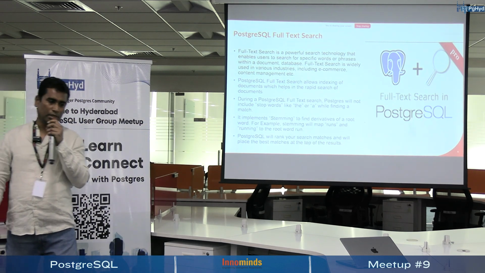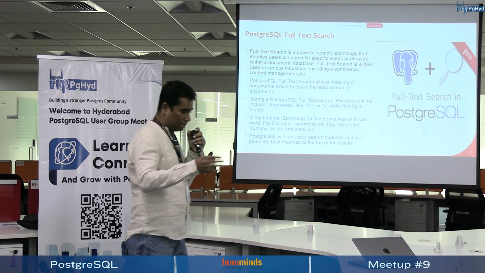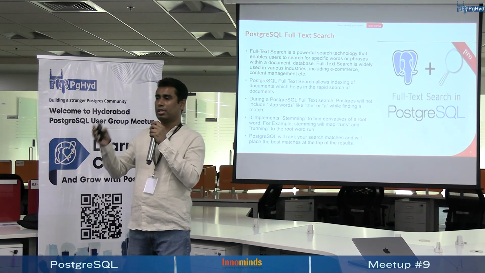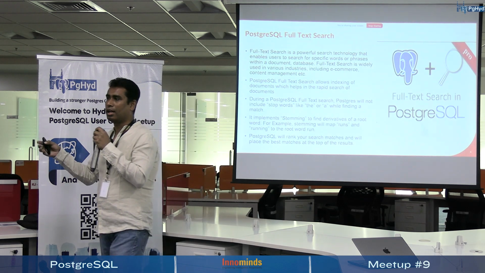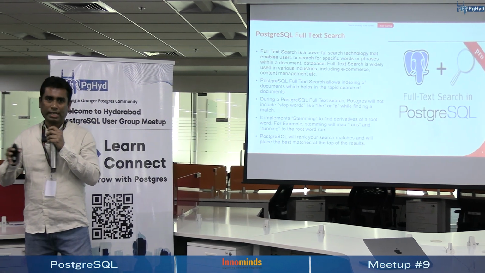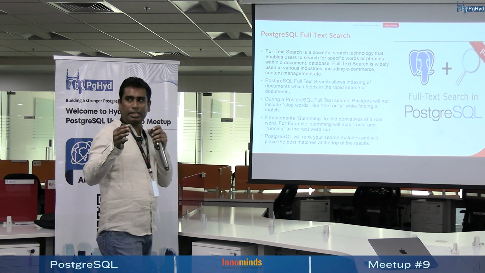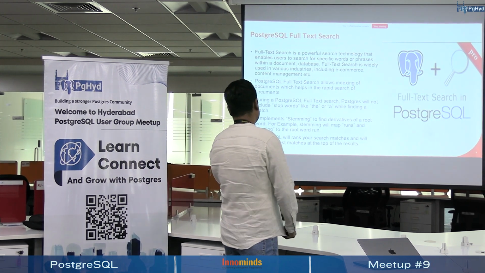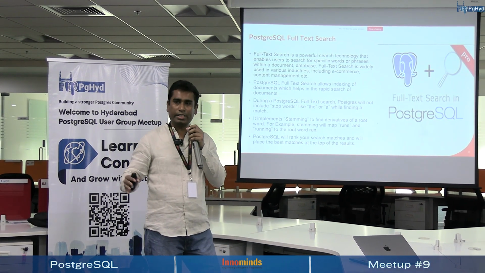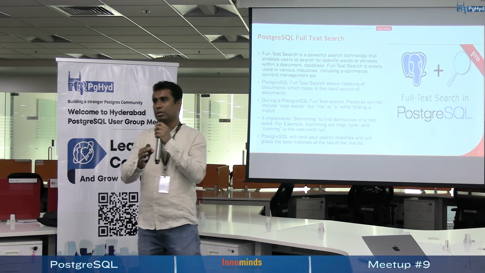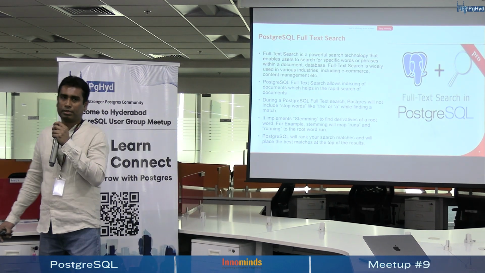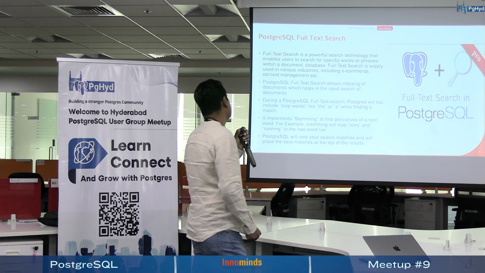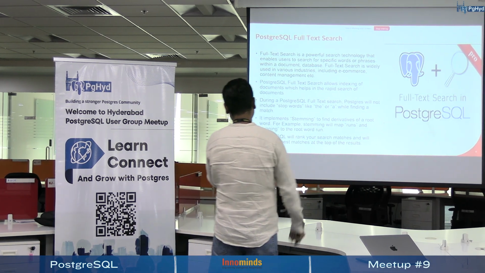Once you write any sentence, inside it you get some words like conjunctions: in, the, and, a. Those kinds of words come under stop words. Postgres will find them and remove them from the string. We will come to that point later. I will explain a little bit more when I come to that particular slide.